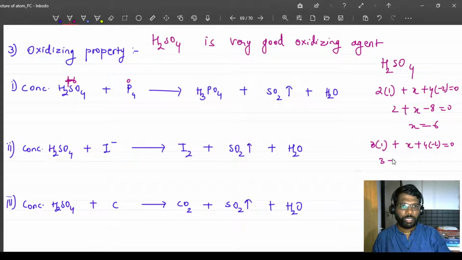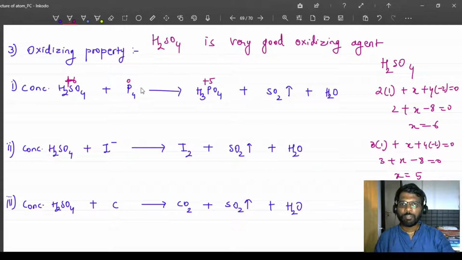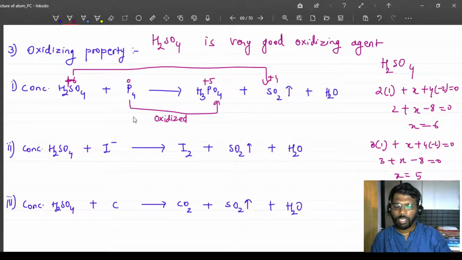So 3 plus x minus 8 is equal to 0, and x is equal to 5. So the oxidation state of phosphorus is 5, meaning phosphorus is being oxidized. And sulfur, since it is the oxidizing agent, will get reduced to the plus 4 oxidation state, as in sulfur dioxide.